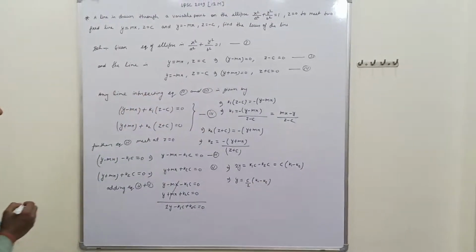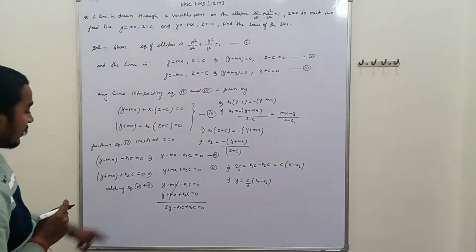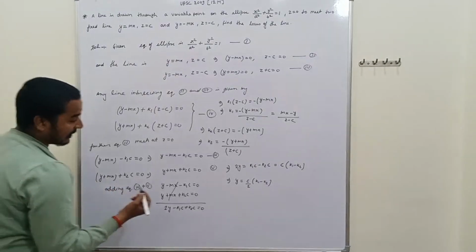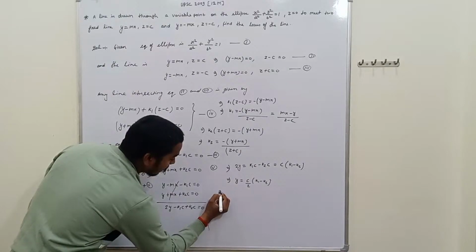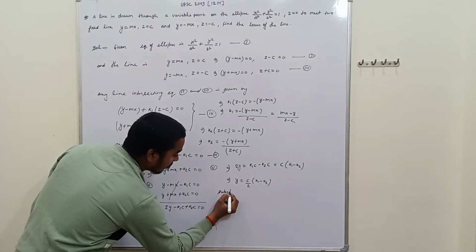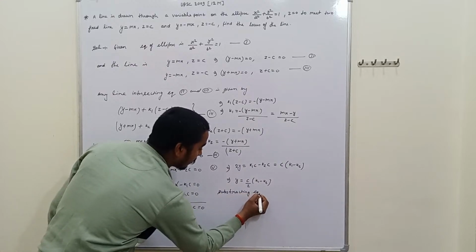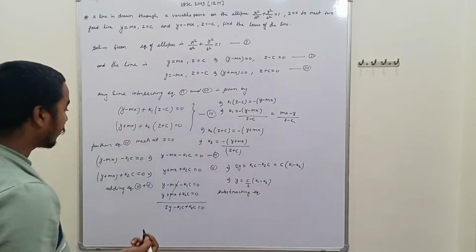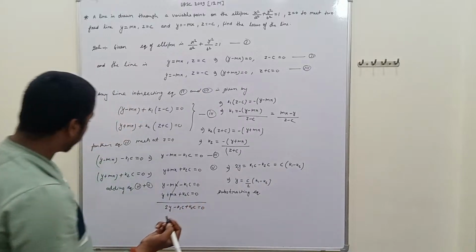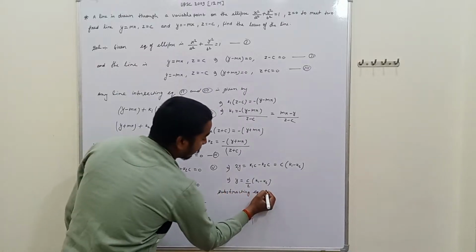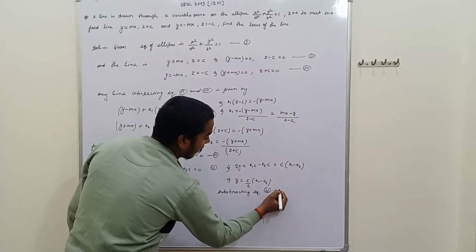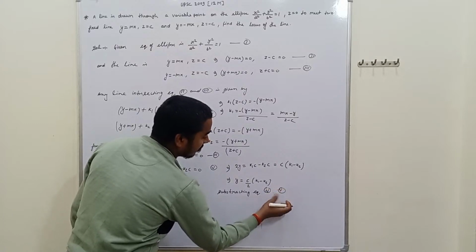Further we have to find the value of x. We have to subtract, equation fourth minus fifth.